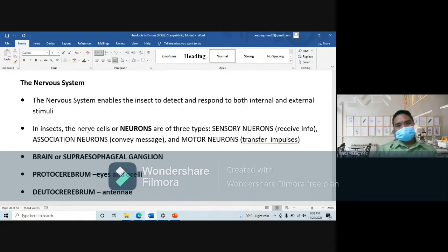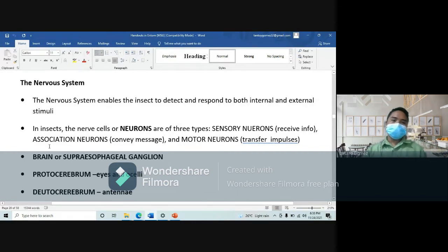Internal stimuli are within the insect's body. The external stimuli are from its morphology, or the outside of the insect's body. It can detect through the various functions of the internal parts of an insect with the help of its nervous system.